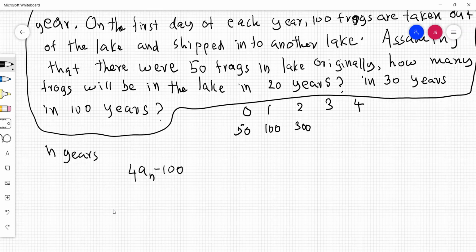Is that the number of years? No sir, it's what we get in the previous term. Yeah, so you have a recurrence relation there, right? a_{n+1}.